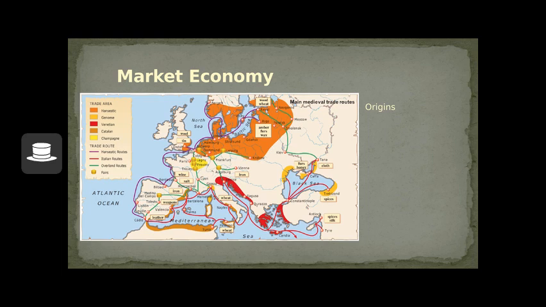And Europe was actually stimulated by contact with some of these other civilizations, particularly the Islamic world. In the Islamic world, all the way from the time of the ancients, Greeks, Romans, and later when Islam became the dominant religion, the market economy never died out.